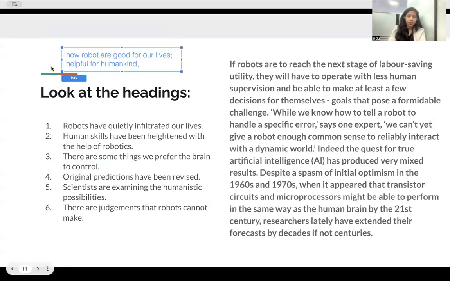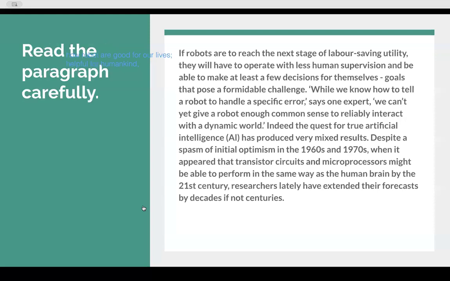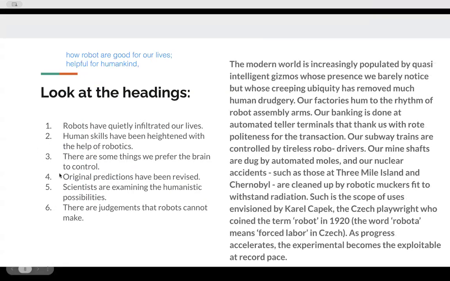Okay, so this is my name, and these are the headings that we have to choose our heading from for the given paragraph. So this is the same paragraph that we're supposed to title. These are our options, and this is the one that we gave to our paragraph.